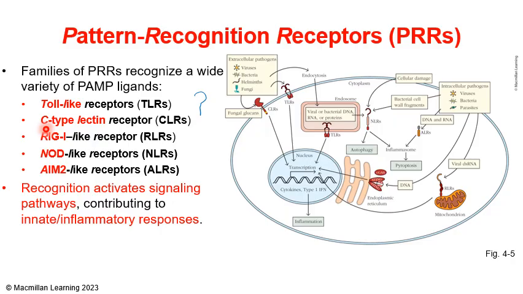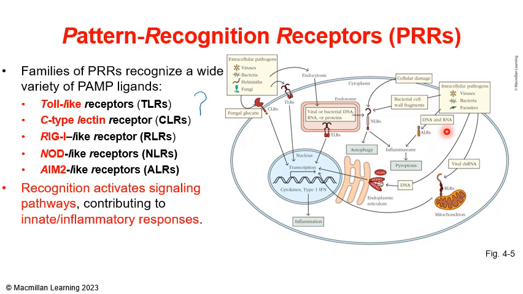You have other ones called C-type lectin receptor. This is also on the surface, although it's not showing here. And it can detect specific bacterial components. You get these other guys here, Rig-I receptor. Those are in the cytoplasm. Okay, it's too much information here.